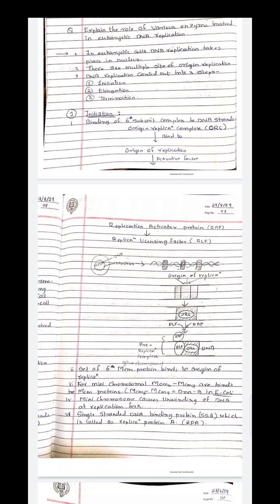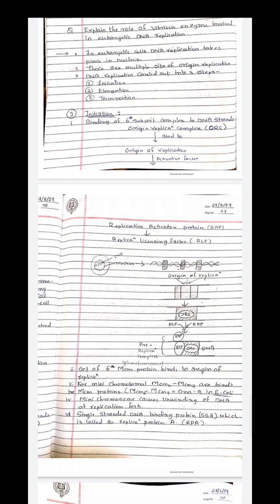This ORC binds to the origin of replication. Then activation factors are formed: one is the replication activator protein and the other is the replication licensing factor.